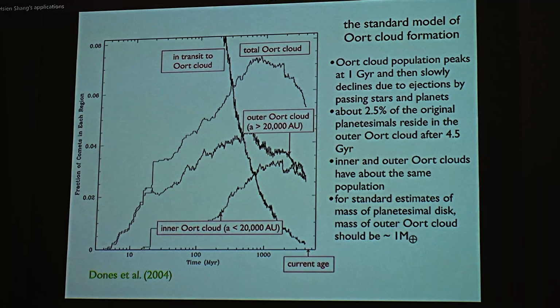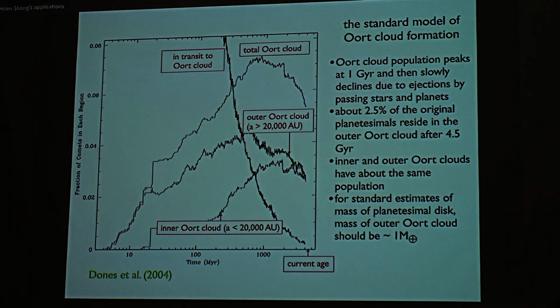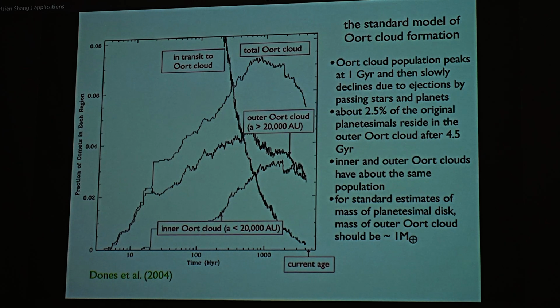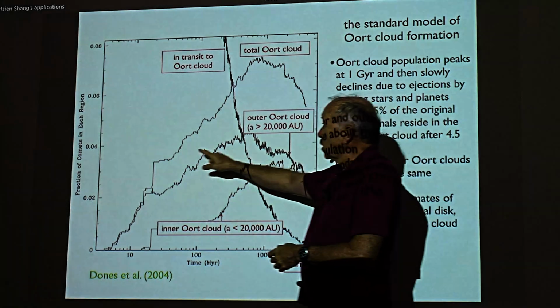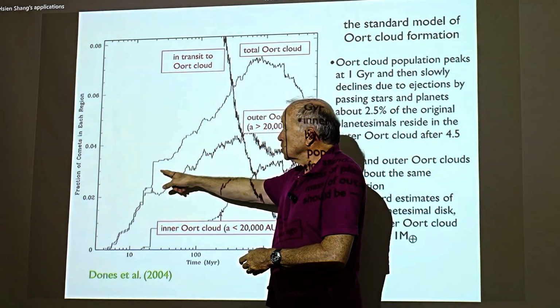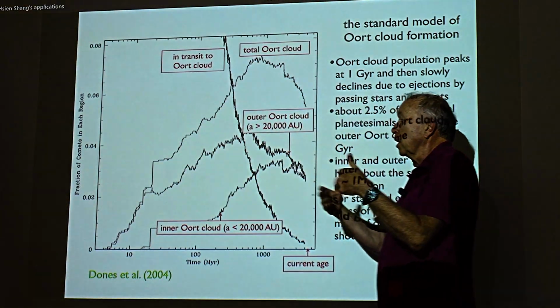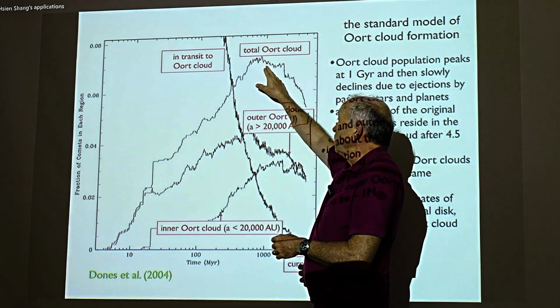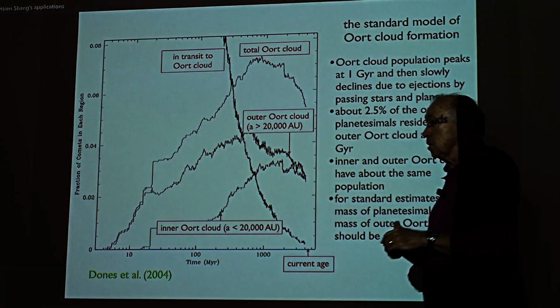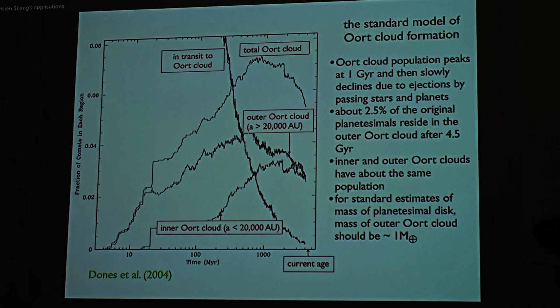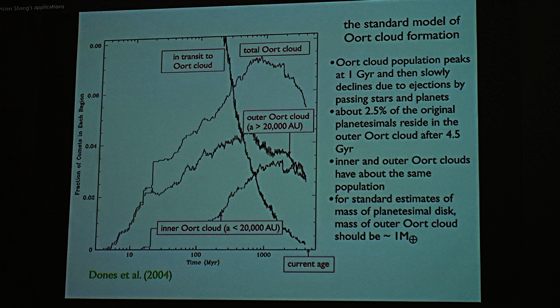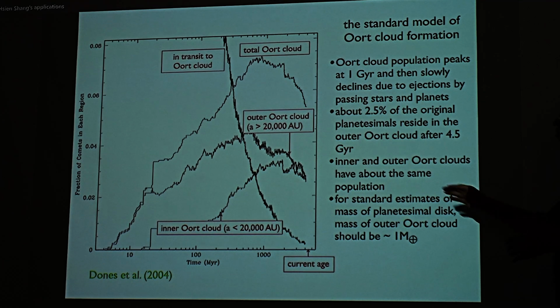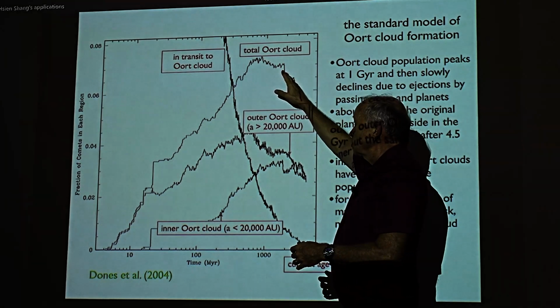And this is an example of what happens when you do this calculation. The Oort cloud population shown here gradually rises as more and more comets random walk into the Oort cloud, but eventually, after a time of about a gigayear, the perturbations from passing stars are causing comets to evolve onto escape orbits, so the total population gradually declines.